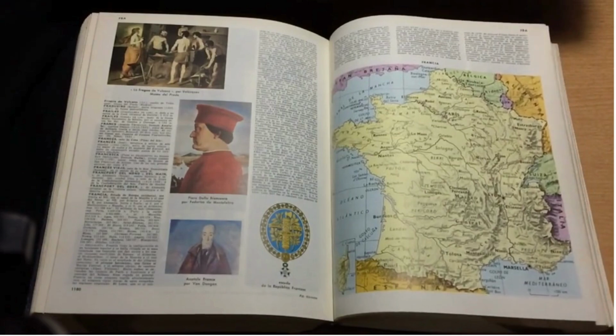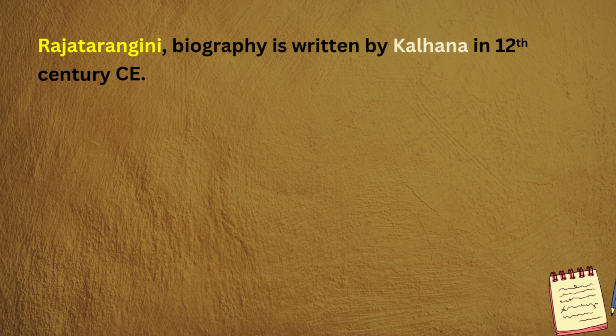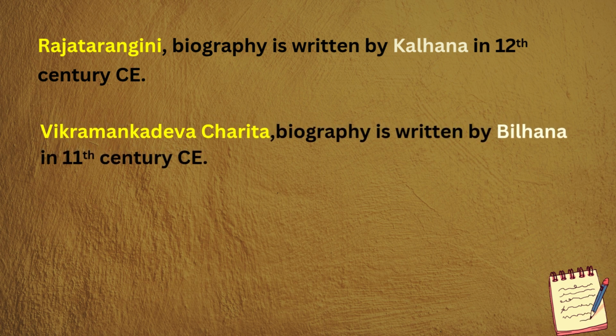Important biographies that describe the lives and achievements of the rulers include Rajatarangini by Kalhana, written in the 12th century CE. It tells us about the king of Kashmir. Vikramankadeva Charita was written by the Chalukyan writer Bilhana in the 11th century CE.